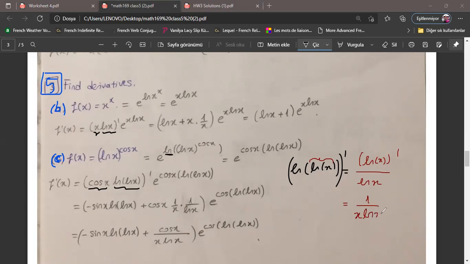Thus we get this, exactly the same as that part, times e to the same function as in the previous one. We can write it clearly in this form, as you see. So we're done.